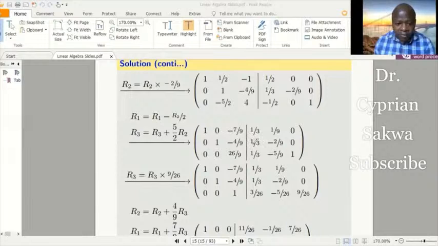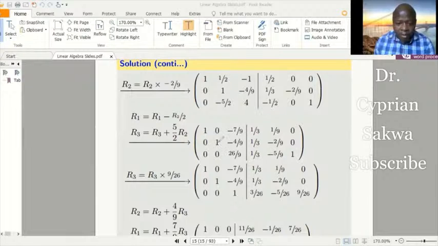So 5/2 of this, plus this, gives us that. We are done with this. So you do it for the entire row, and this is what you get. This matrix.